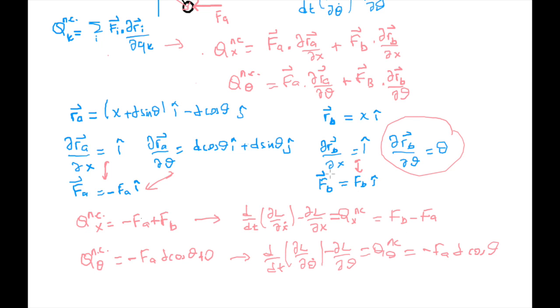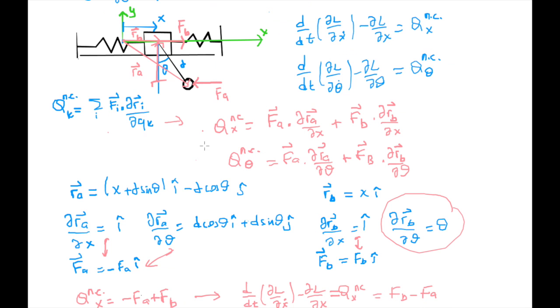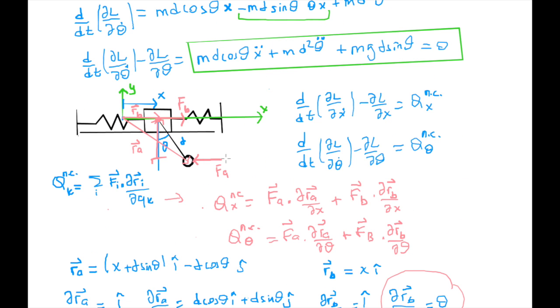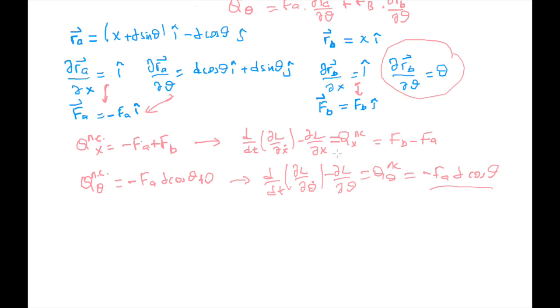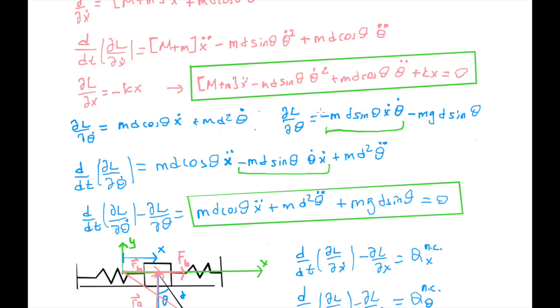And if you think about this, d cosine theta is this distance. So it's going to be the moment of Fa with respect to this hanging point. And it has a negative sign because Fa is trying to decrease this angle theta. So it makes sense. And again, the left hand side, we have calculated them before.